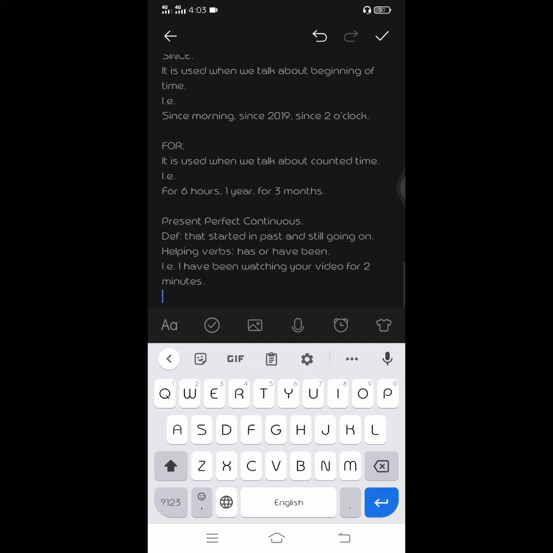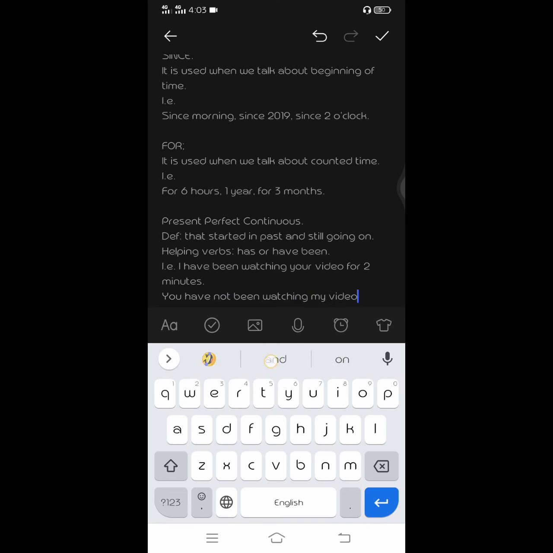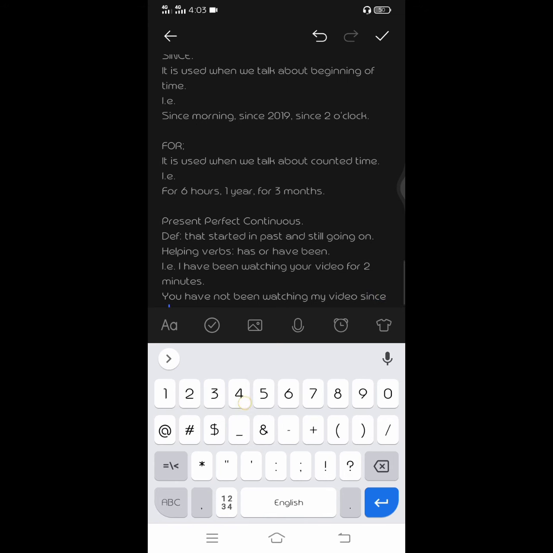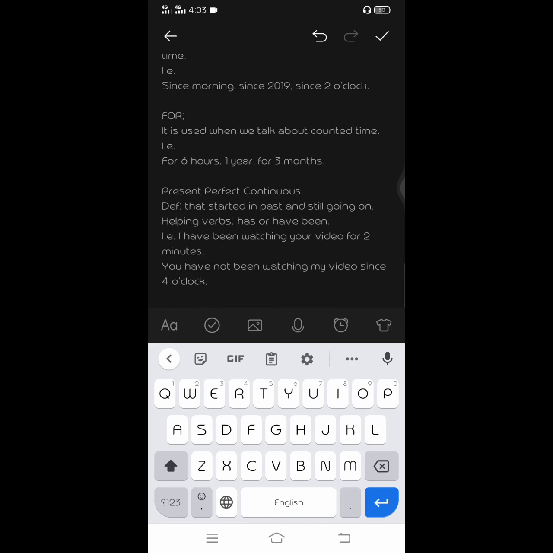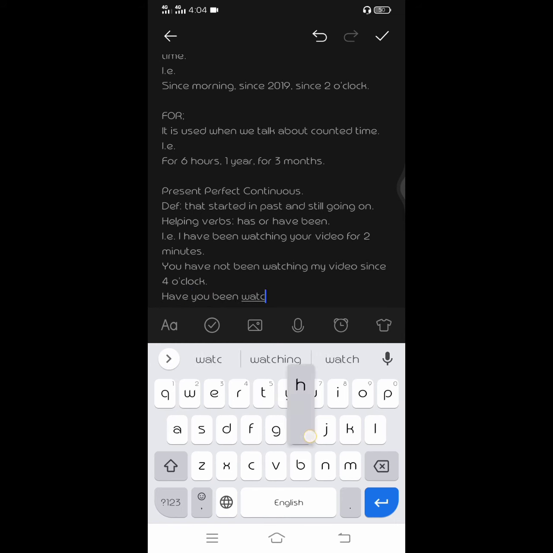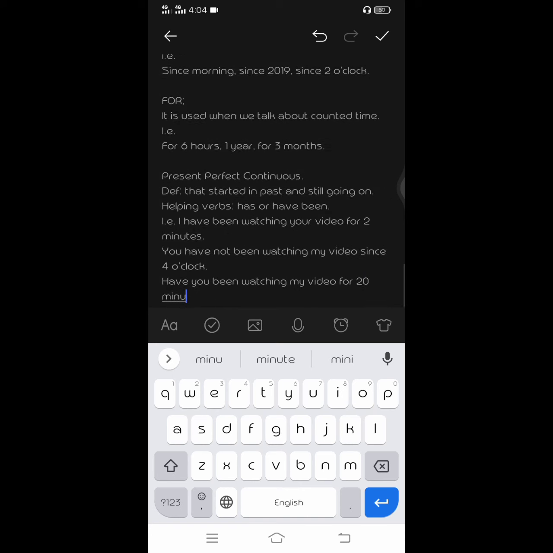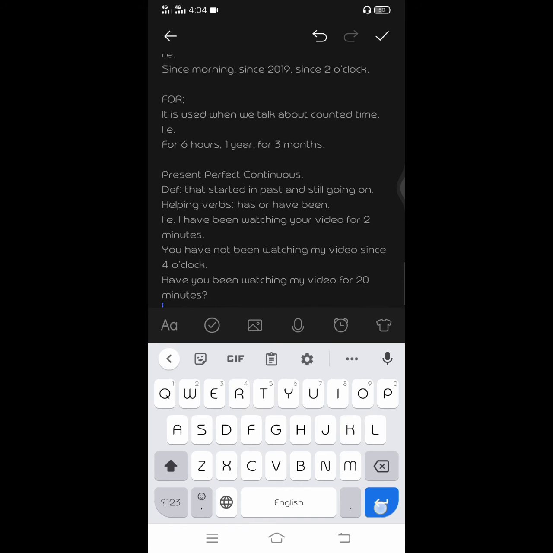You see, मैंने यहाँ पे for क्यों use किया है is because I'm talking about a counted time here. लेकिन अगर मैं कहूँ कि तुम 4 बजे से मेरी वीडियो नहीं देख रहे, तो I'm going to say you have not been watching my video since 4 o'clock. Next, if I'm going to form an interrogative, it's going to be: have you been watching my video for 20 minutes? Perfect, you got it.